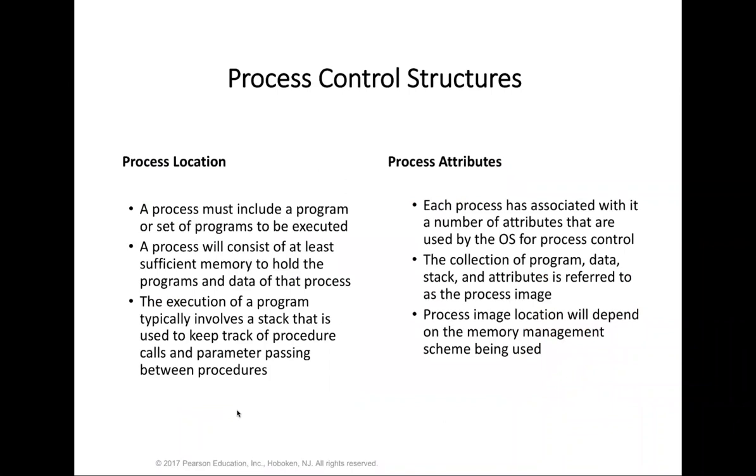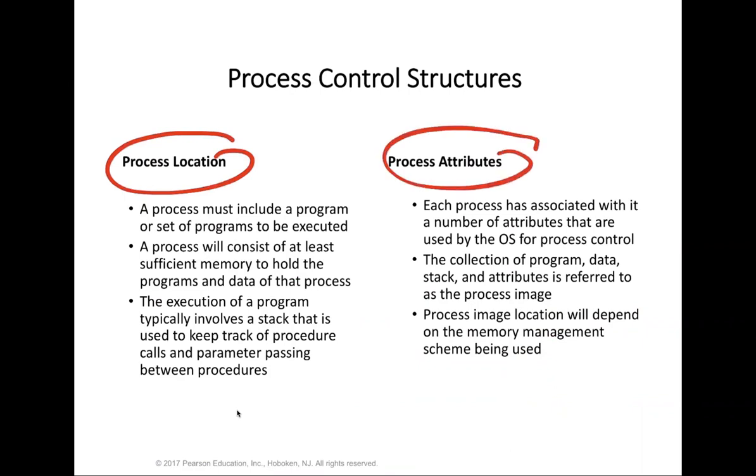Before we can deal with the questions of where the process is located or what attributes are assigned to each process, we need to address an even more fundamental question, which is, what is the physical manifestation of a process? Actually, as a minimum, a process must include a program or set of programs to be executed. Associated with these programs is a set of data locations for local and global variables and any defined constants.